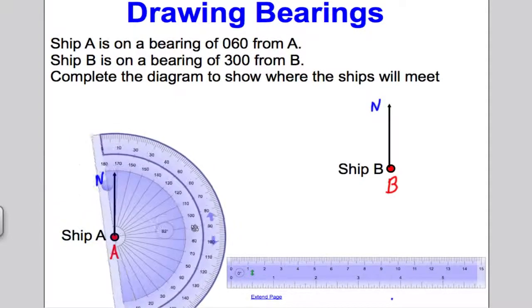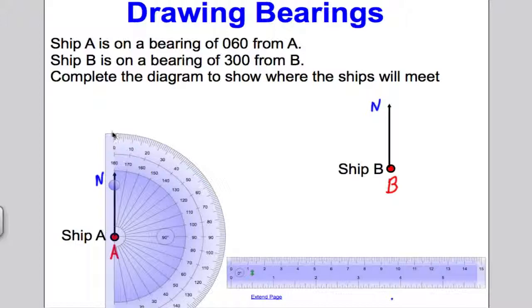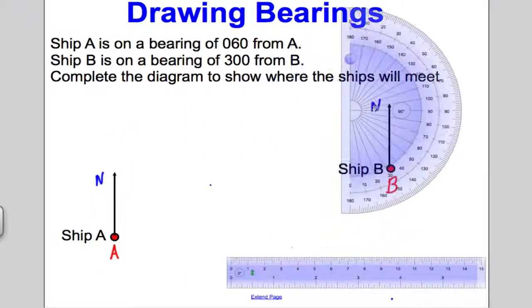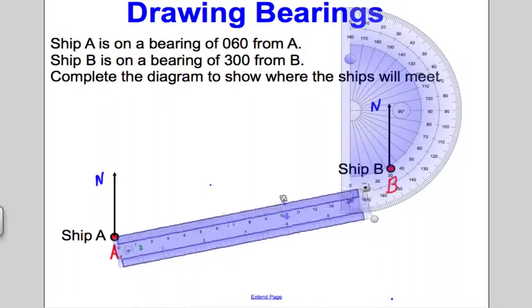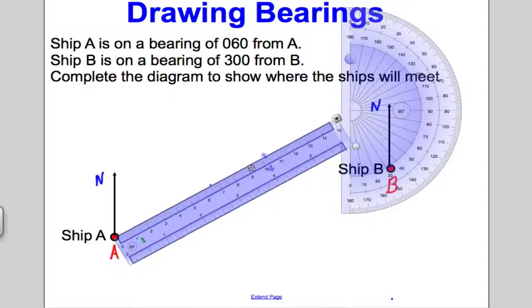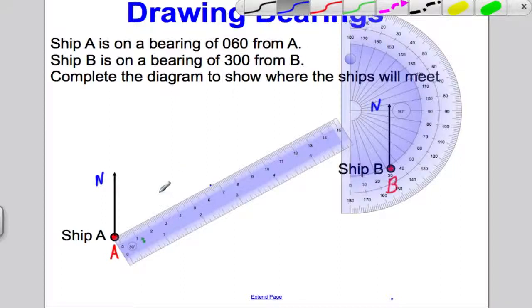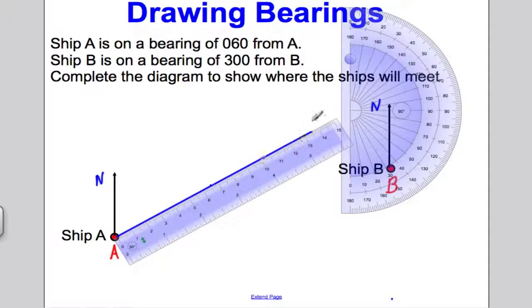So put your protractor, you've got 0 on the outside here, and you put a mark where you see 60 degrees. So there, I've put a mark exactly where 60 degrees is. Just move that to one side for now, and then that is the direction that ship A must be going in. Ship A is going along that direction, which you said is a bearing of 060.